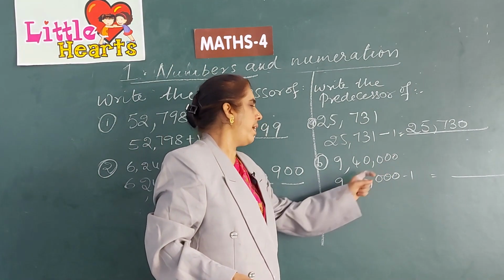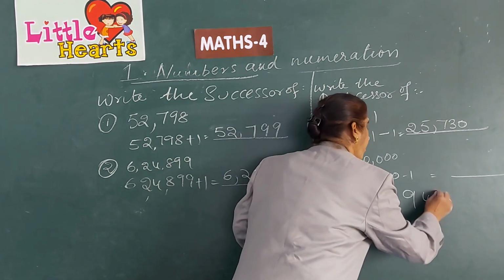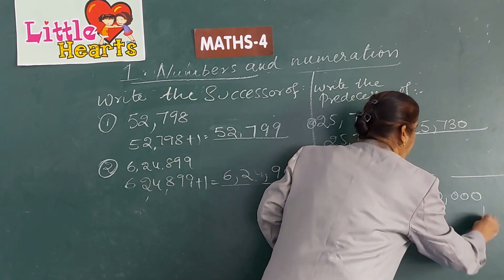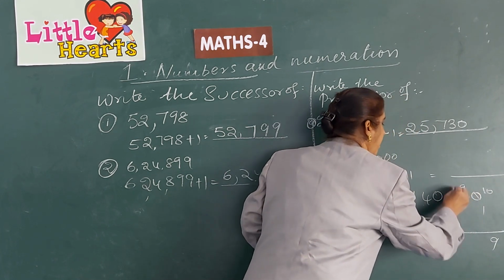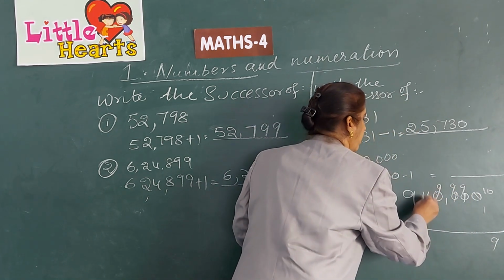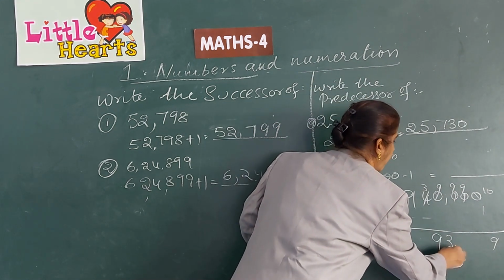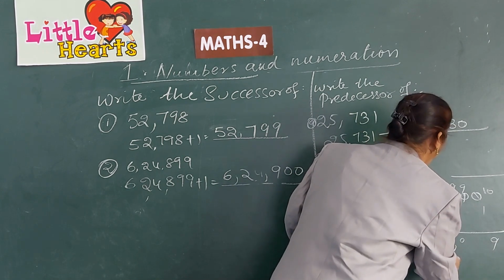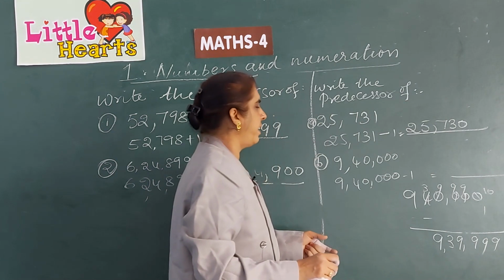Next, coming to the next number, 9,40,000. 9,40,000 minus 1. 10 minus 1 is 9. It becomes 9,39,999.